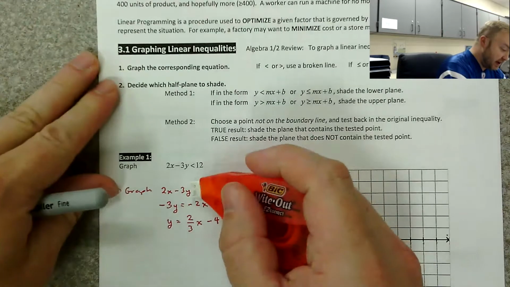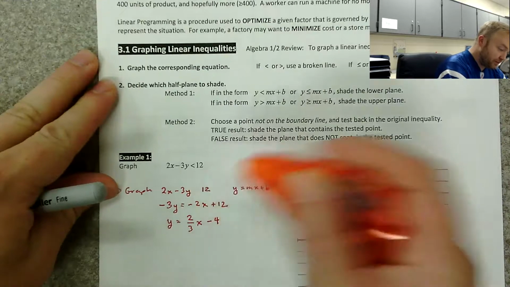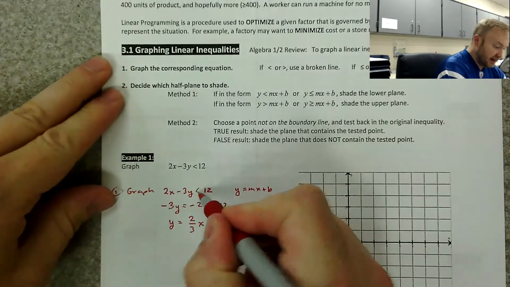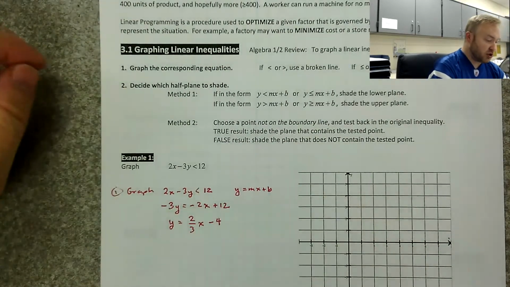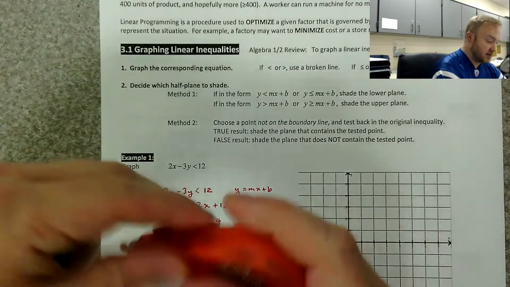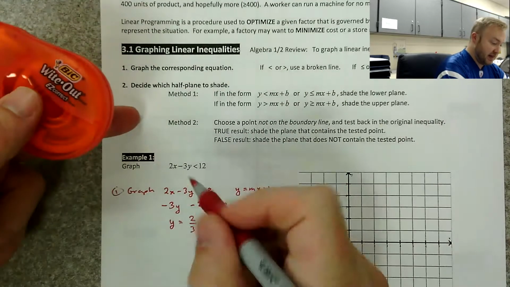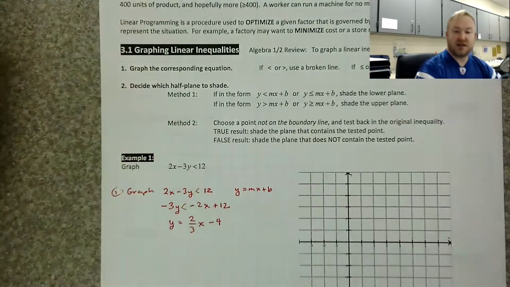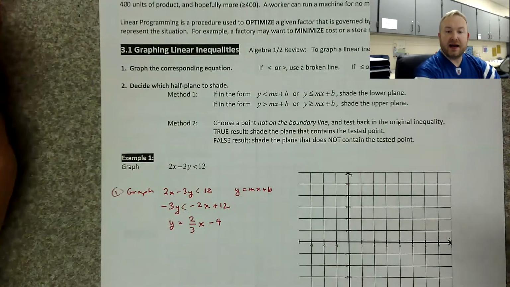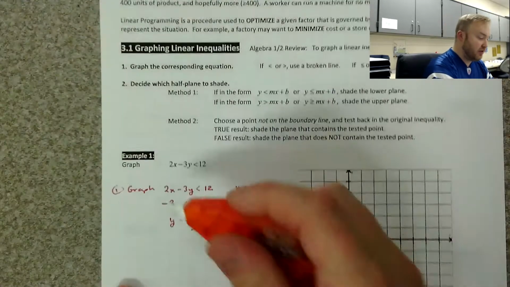So this first step, instead of equals, it was less than or equal to. Then we subtracted the 2x from both sides, and so this would be negative 3y is less than. And then the next thing we did was we divided both sides by negative 3.